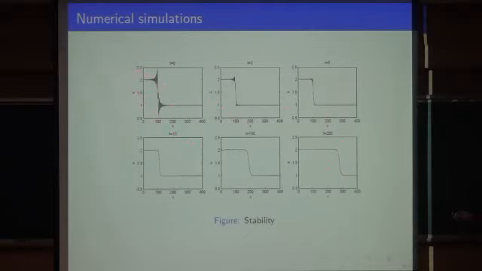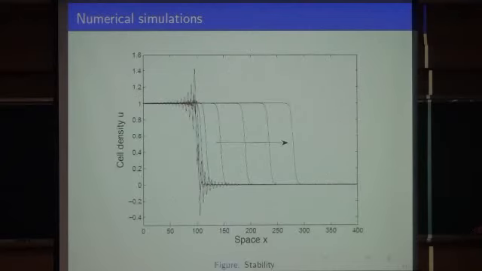But the numerics said that even for larger perturbation, the perturbation is absorbed. So it's quite stable. So this is also the same result. This is the initial perturbation, and this is the evolution after some time. So in this case, it is quite stable.